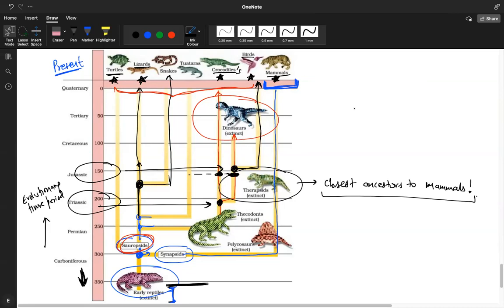And many of these dinosaurs, before extinction, evolved into birds. So write down, land reptiles evolved into birds. And for this, we have evidence. So write down this one term here, Archaeopteryx.